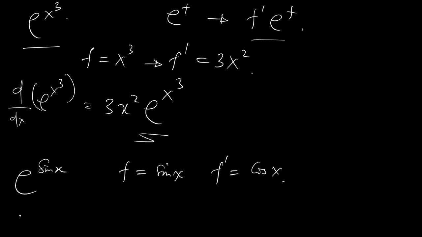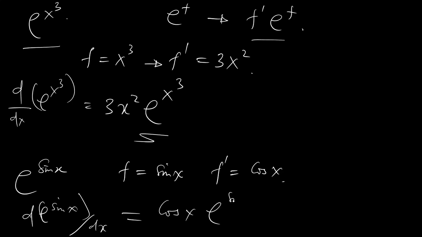So now the derivative of e to the power sine x with respect to x is the same thing as cos x times e to the power sine x. So this is the final answer. So we're done with that.